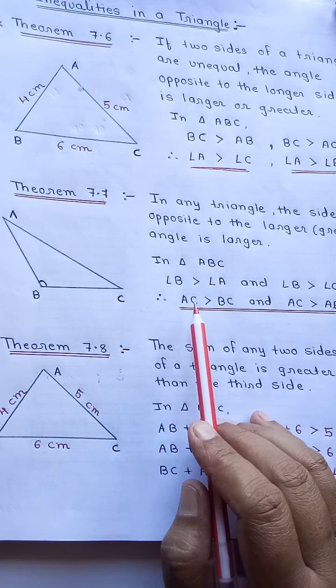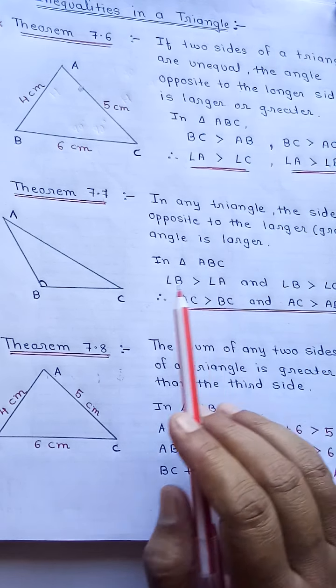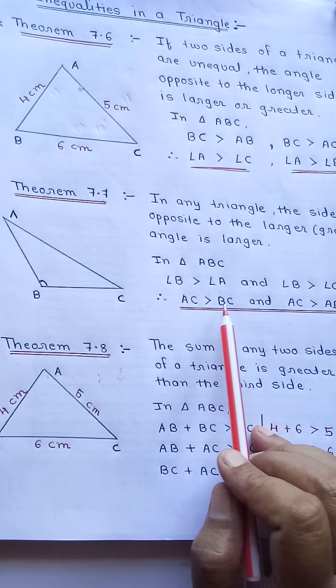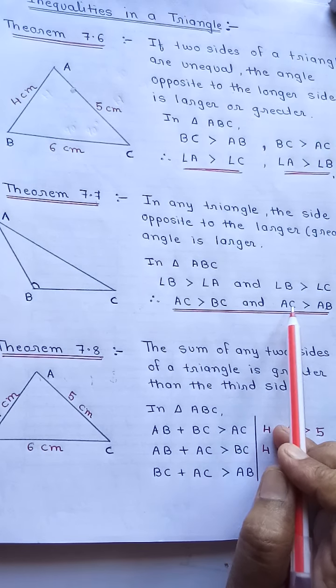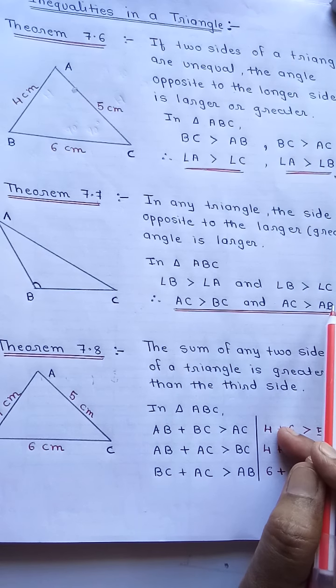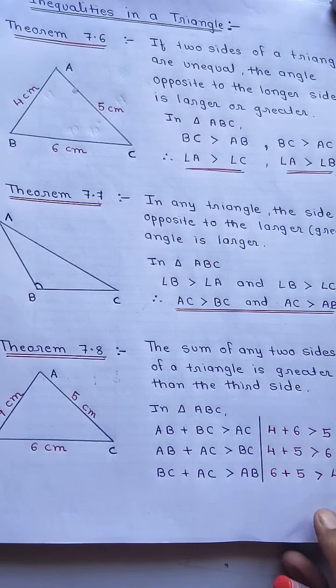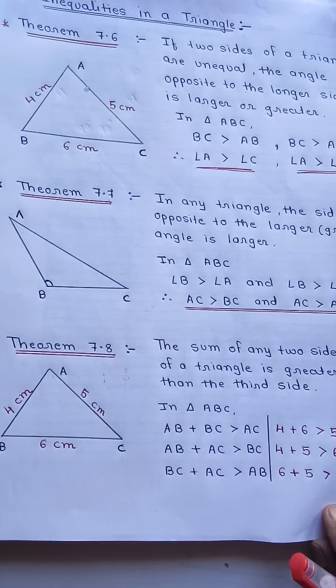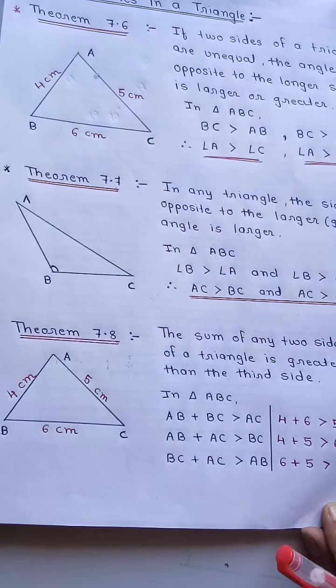AC. Therefore AC is greater than BC, opposite to angle A, and similarly AC is greater than AB also. So theorem 7.6 and 7.7 are just converse of each other.